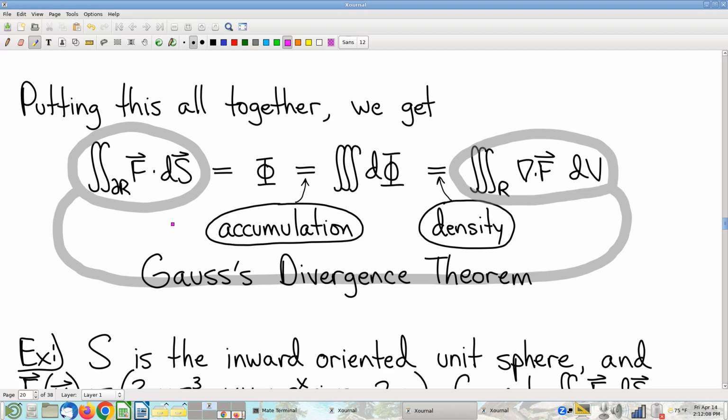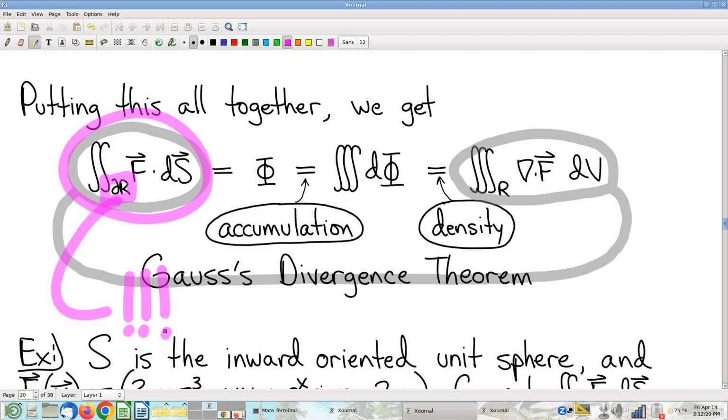Here, the catch is, if you want to compute a flux, your surface has to be a boundary. That's the deal. If your surface is not a boundary, then there is no theorem. Everything that we've done in developing this theorem has been with the understanding that flux, as we've referred to it here, is boundary flux.